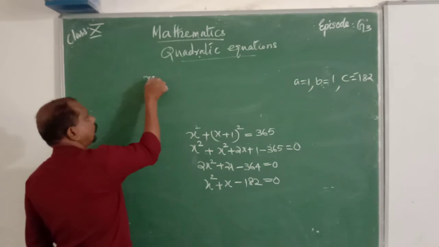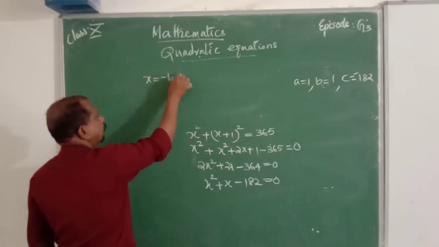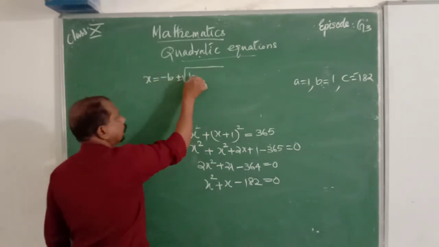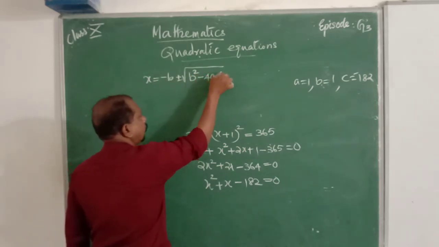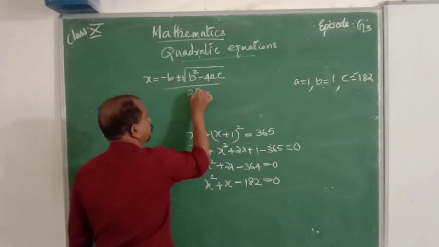Then x is equal to minus b plus or minus root of b square minus 4ac, whole divided by 2a.